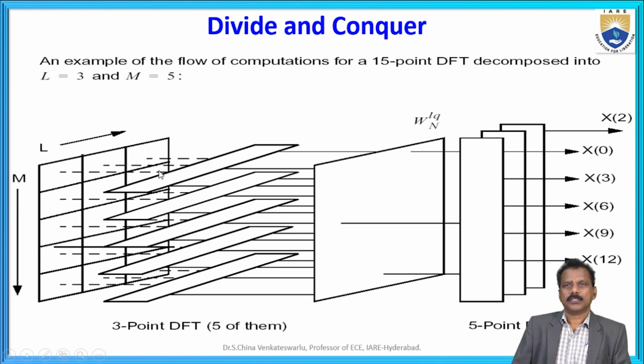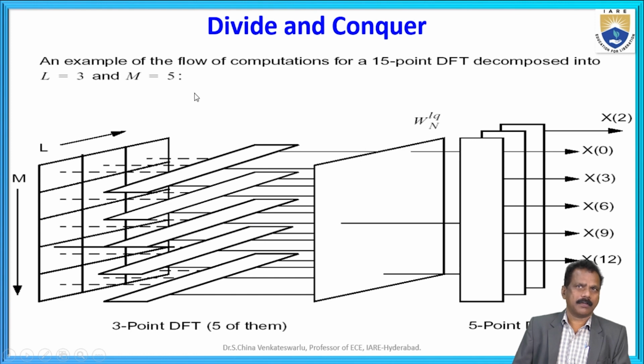So here we are ready to consider the 3-point DFTs, 5 of them: 1, 2, 3, 4, 5. Five of them. So we are ready to verify the 5 outputs of the 5-point DFT. The output response is X of 0, X of 3, X of 6, X of 9 and X of 12.